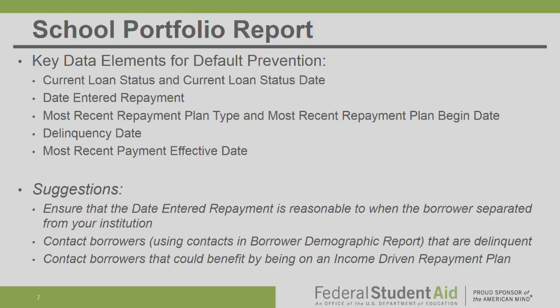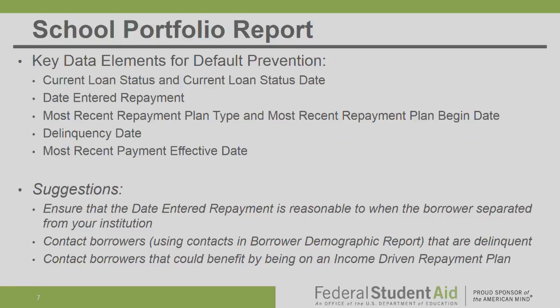We're going to talk a bit about the borrower demographic report, but you can sync this up with it to get all of the contact information that NSLDS has for that borrower, and begin reaching out to borrowers that are entering delinquency or in an alarming status. Also a great idea.